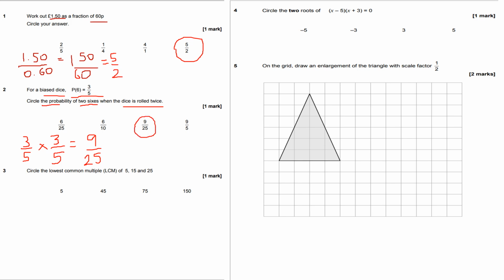Last point for this question, the word biased in maths means not fair. Normally when you roll a fair six-sided dice, the probability of getting a 6, theoretically, is 1/6. Obviously 1/6 does not equal 3/5 in this case.